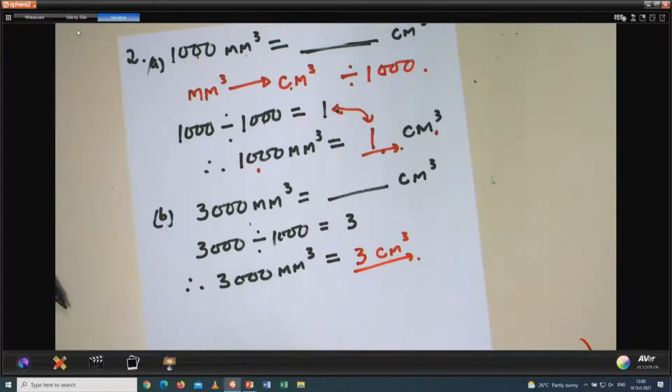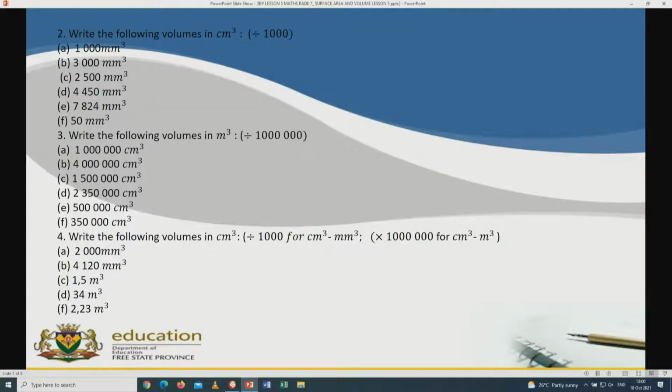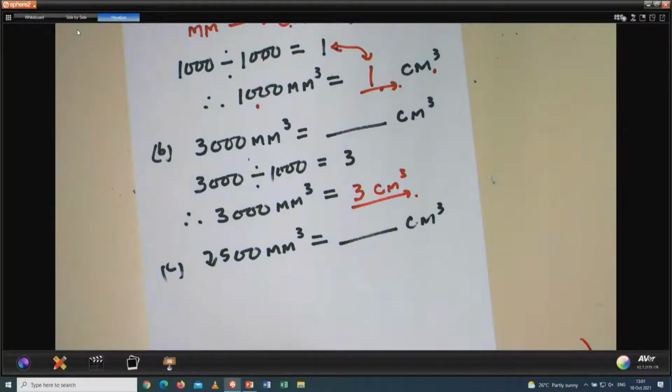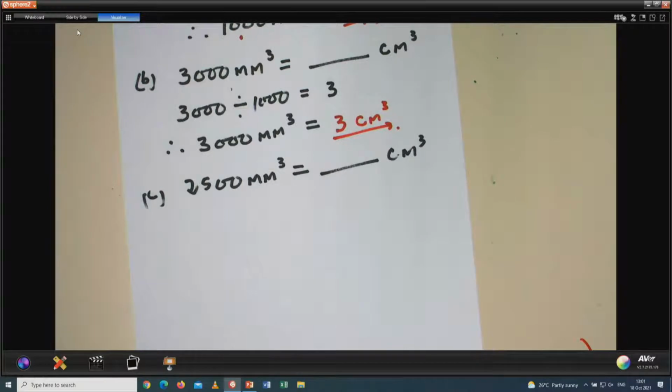Right? Let's take another one. Look at this one now. C says 2500 cubic millimeters will be equal to how many cubic centimeters? Let me give you some time to copy this one. We are slowly but surely trying to up the game.